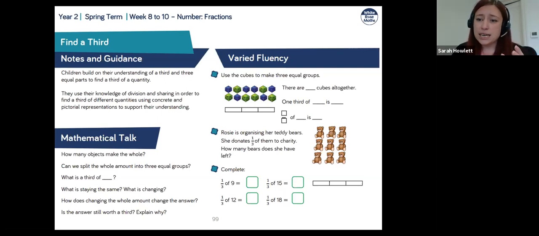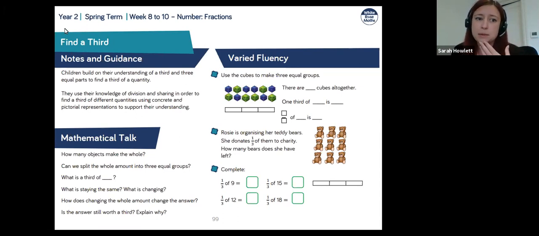Now, these free schemes of learning are broken down into carefully sequenced small steps, just as Fiona was talking about earlier. A lot of our team work very closely with the NCETM and with Maths Hubs, and so we've very much taken that approach through the Teaching for Mastery approach.